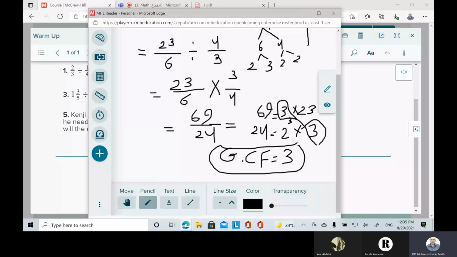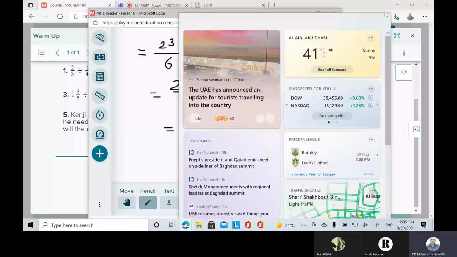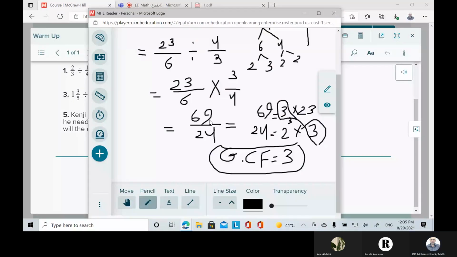So we want to simplify this form. Divide up by the GCF, divide here by 3, and divide here by 3. 69 divided by 3 will be what?